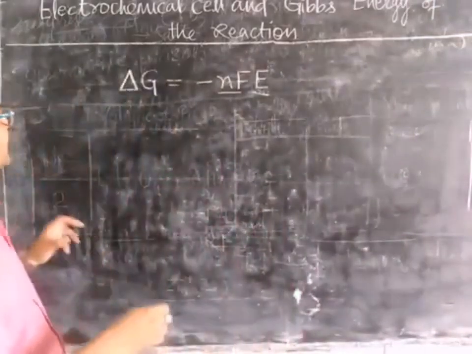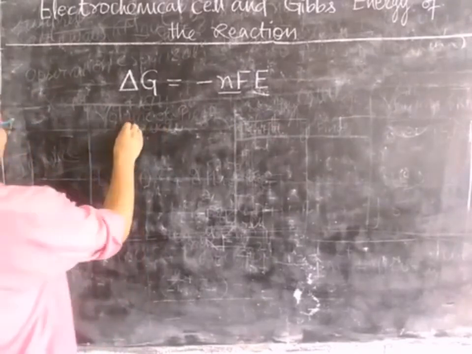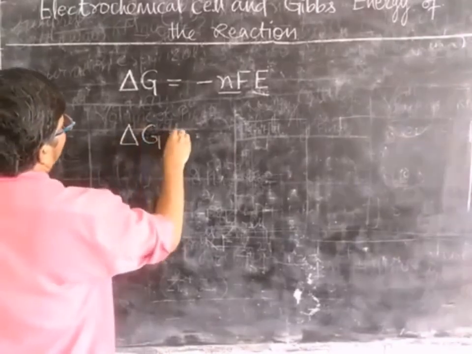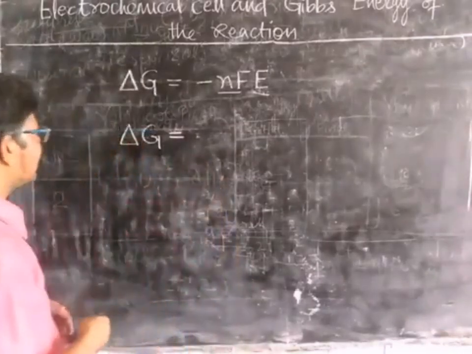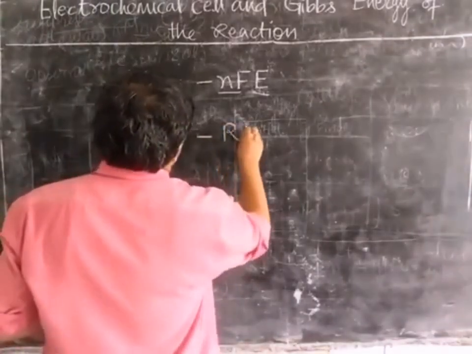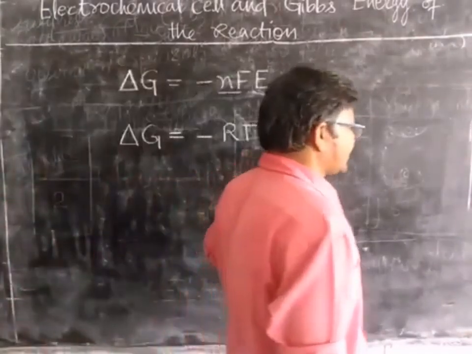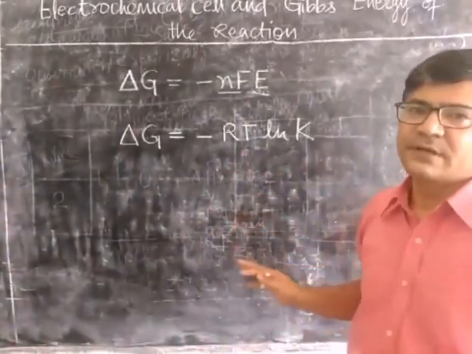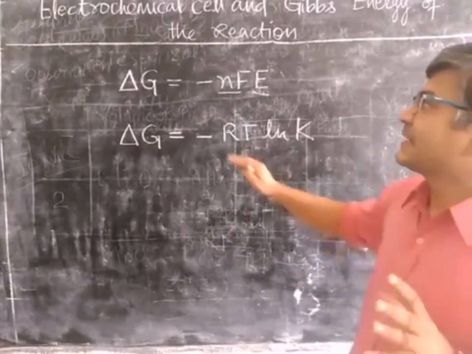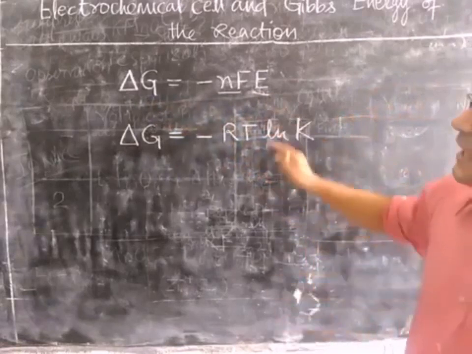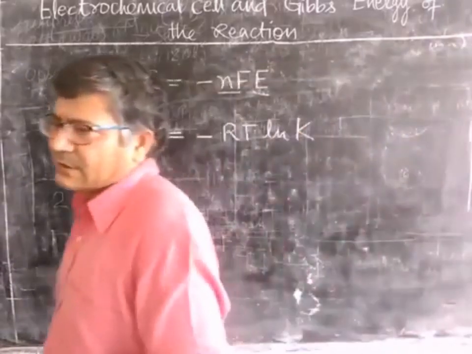If this equation needs to be modified for a reaction, in that case the equilibrium constant is to be included in the equation. In that case, this will be written as this equation. We have these constants and a variable. But the only thing you have to keep in your mind is delta G should be negative, and we have these values which should be kept in mind.